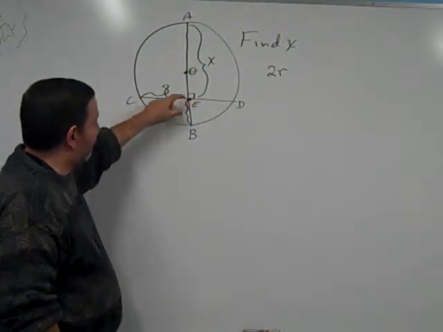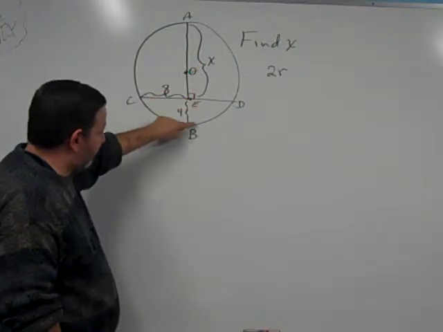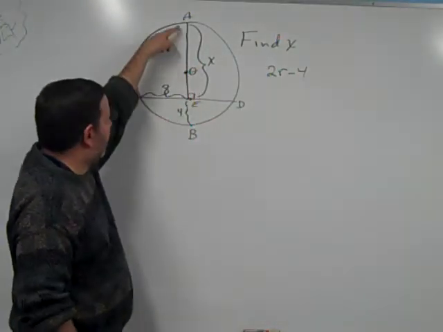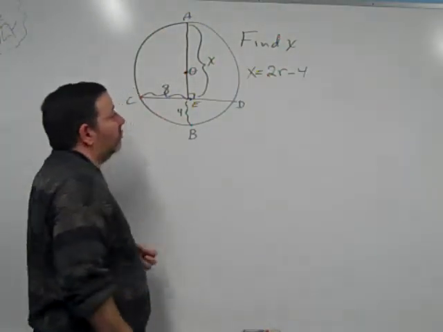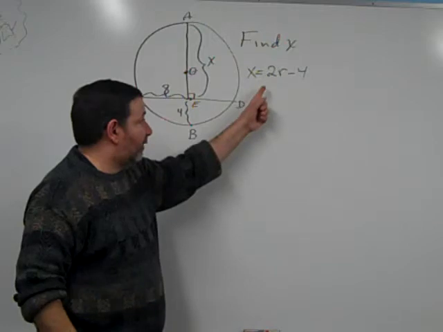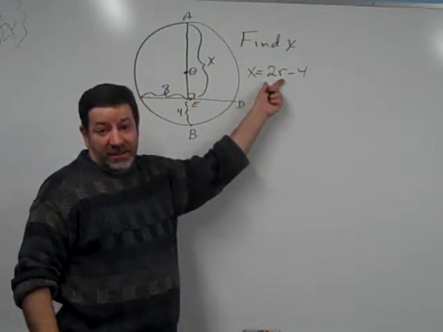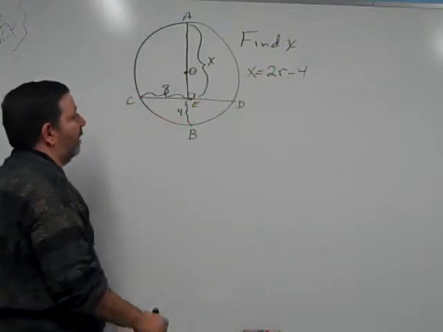Now, if I have this whole long line, and I take away 4, I have X. So the whole job here is to find out the radius. Because once I know the radius, I multiply it by 2, I take away 4, bingo, I have X.